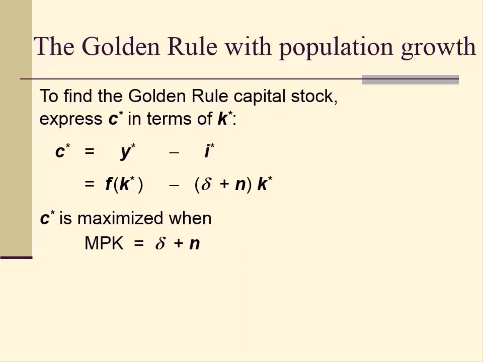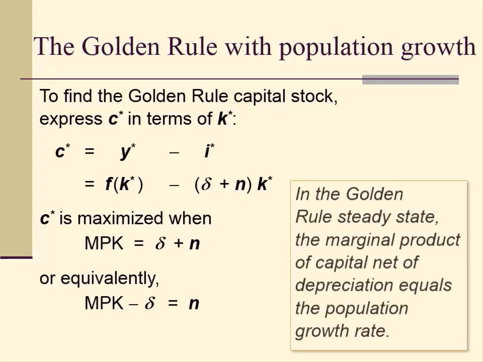And c star is maximized when MPK, the marginal product of capital, is equal to delta plus n, or equivalently, MPK minus delta equals n. So in the golden rule steady state, the marginal product of capital net of depreciation equals the population growth rate. I can show this also in the Zoom session mathematically.